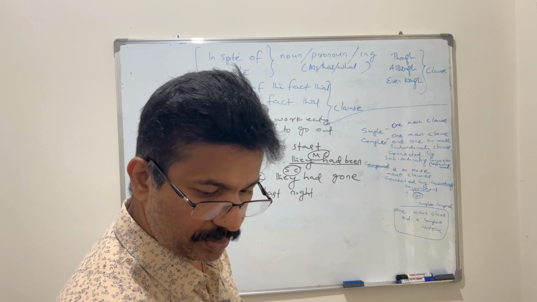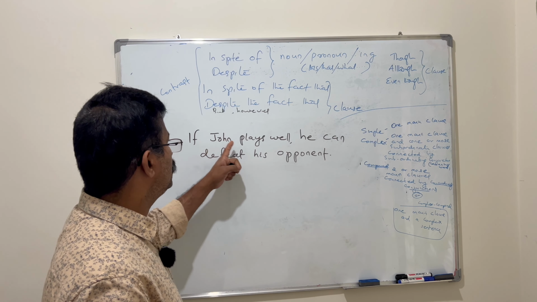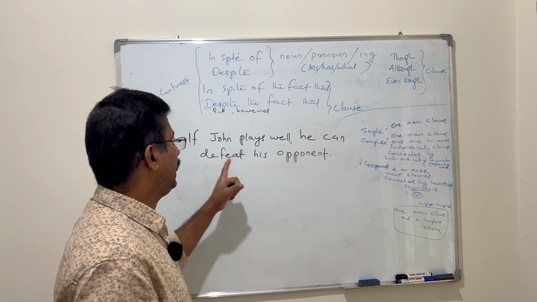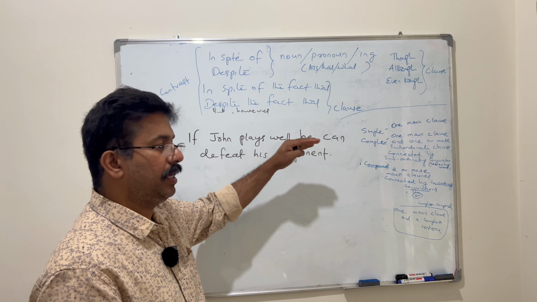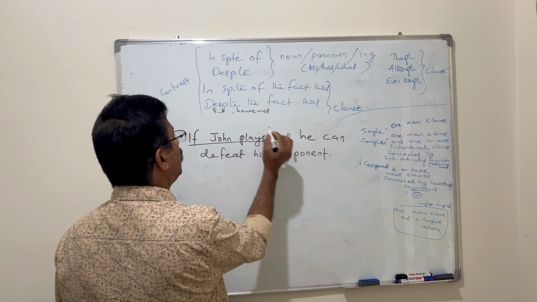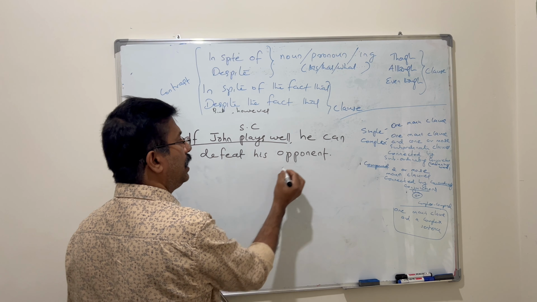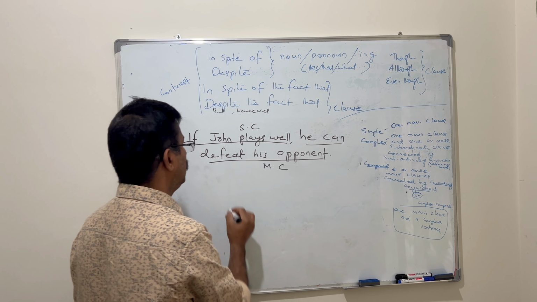Next, I'm going to write another example. If John plays well, comma, he can defeat his opponent. This is also an example of a complex sentence because if John plays well is the subordinate clause and he can defeat his opponent is the main clause.